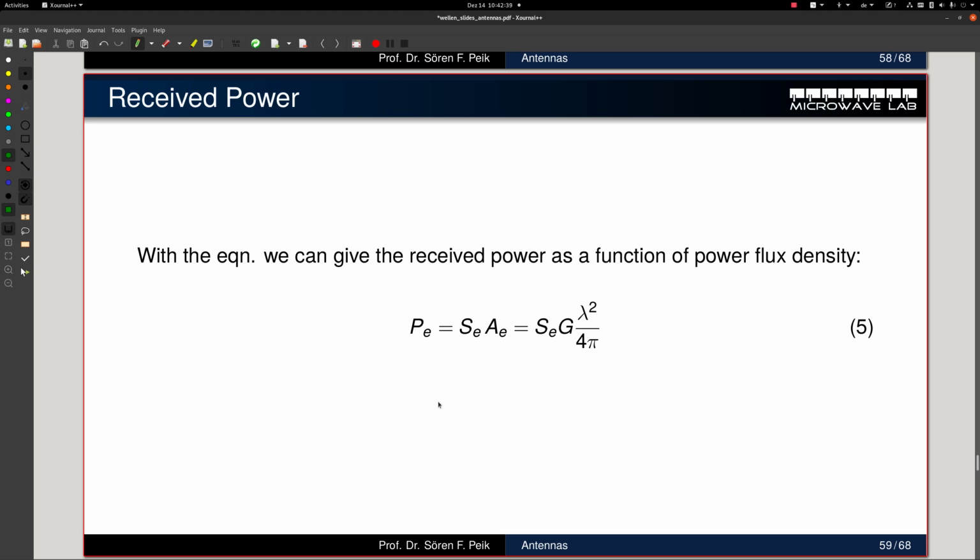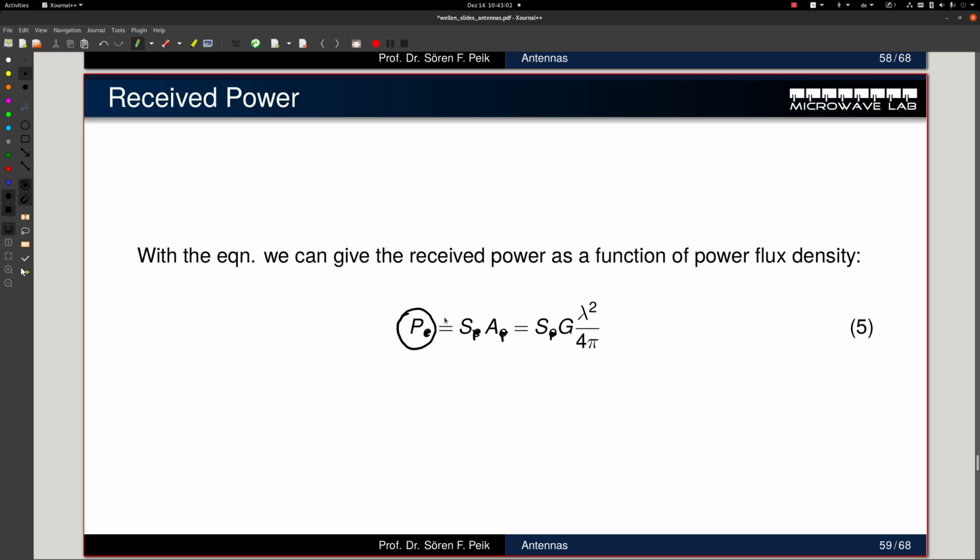And with this equation, we can now do the following. We can get the received power, P_R. This should be all R's, sorry.